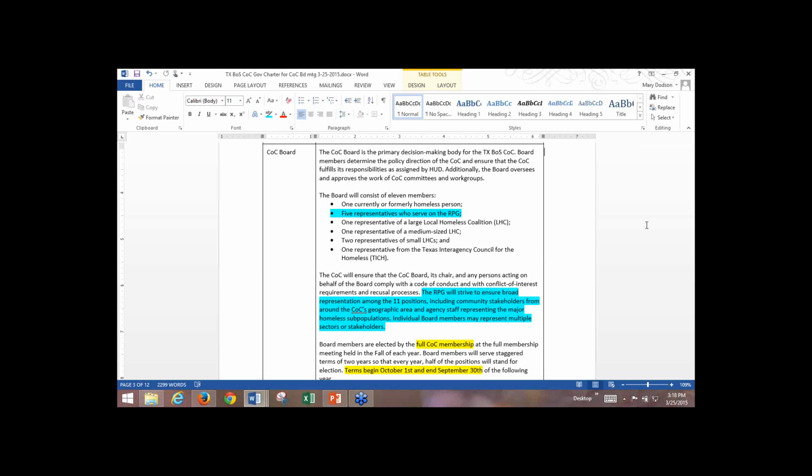And then the coalitions would elect their representatives to the COC, and then we on staff would propose a board member election process that the general membership would vote on and hopefully approve, and then we would put that process in place, as Eric said, in time for your vote at the October meeting.